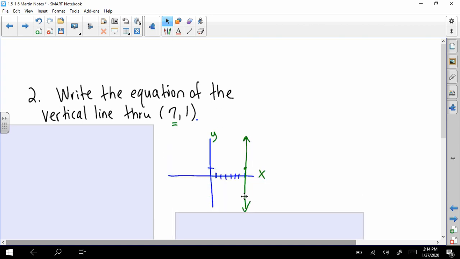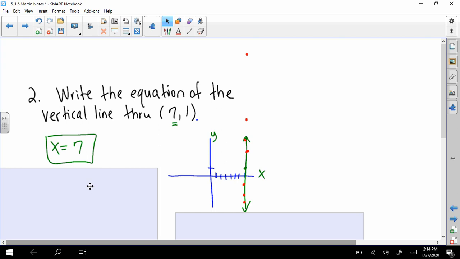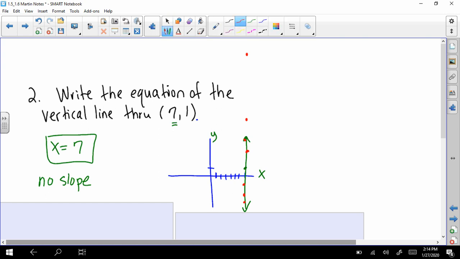All the ordered pairs on this line go through an x value like (7, -1), (7, -2), (7, -3), (7, 6), (7, 8), (7, 20), (7, 54). All those have x values of 7. That's why it should be very easy to remember that on a vertical line, it's x equals the number. The slope is infinitely large and therefore is undefined. We can say it has no slope. I prefer you say it's undefined.